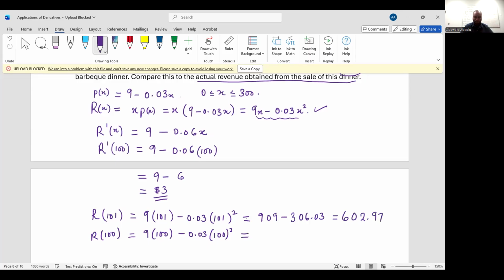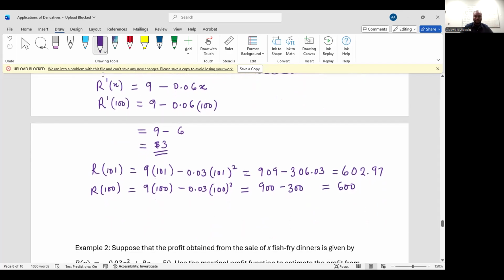So here as well, that is 900 minus 100 squared times 0.03, that is easy to do anyways. 100 squared times 0.03 is 300, which is 600.